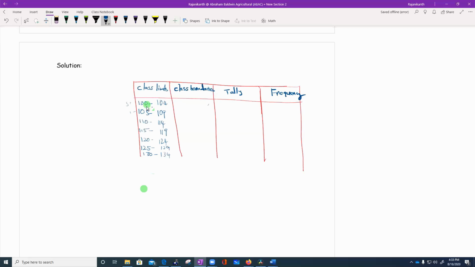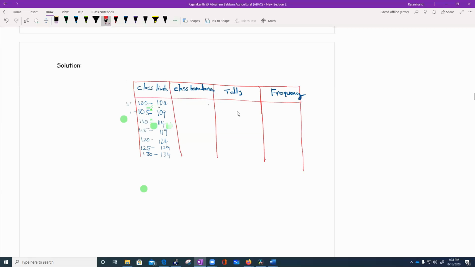Now very easy. Once you have the class limits, you know how to find the class boundaries. Remember, all the class limits have 0 decimal places. Therefore, class boundaries should have 1 decimal place ending with 5. So you subtract 0.5 from the lower class limit and add 0.5 to your upper class limit, and keep on doing that. It's very easy after that.